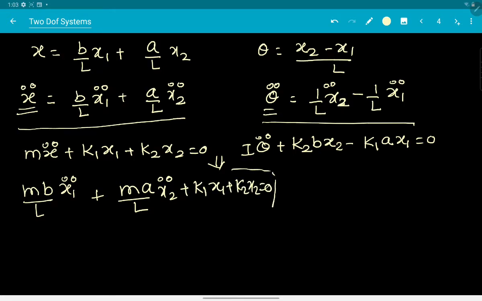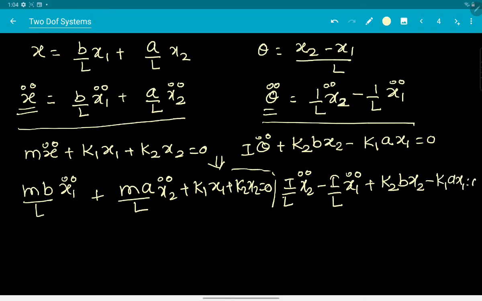This is equation number 1. And equation number 2 tells us that I by L x2 double dot minus I by L x1 double dot plus k2 b x2 minus k1 a x1 equal to 0.